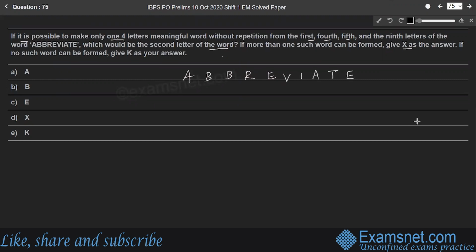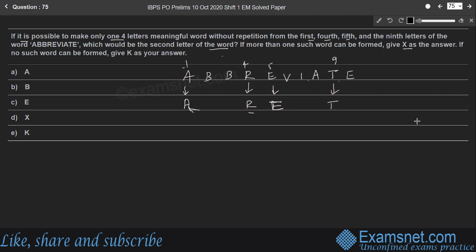Here the first letter is A, the fourth letter is R, the fifth is E, and the ninth letter is T. So using these 4 letters, A, R, E, and T, how many meaningful words can be formed?